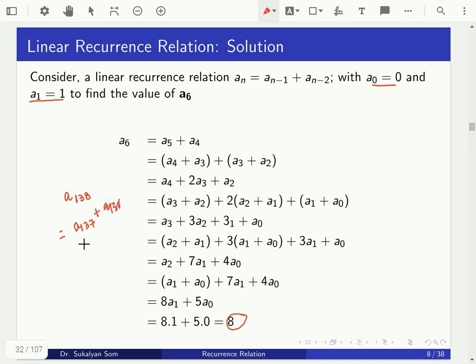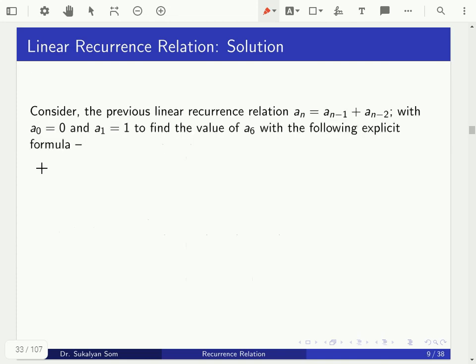Then again this A137 has to be decomposed as A136 plus A135. Again A136 has to be decomposed as A135 plus A134, and so on until the entire expression is written only in terms of A0 and A1. One can easily observe that the amount of time needed for finding the value of A138 using this procedure will be very high.